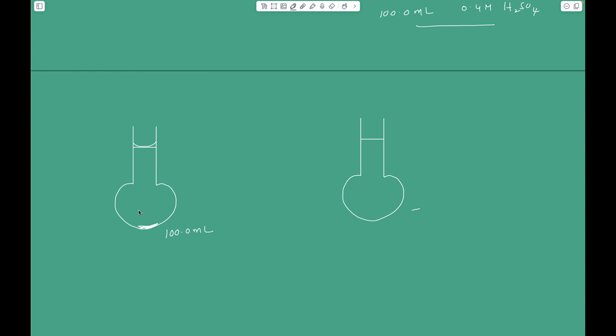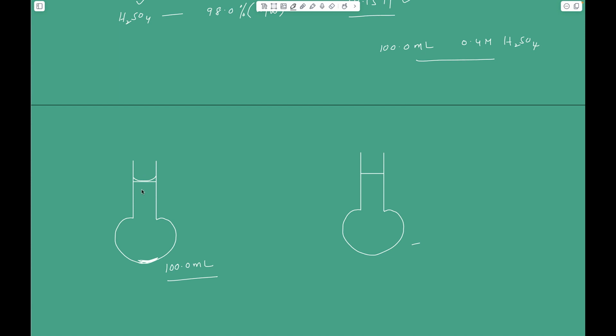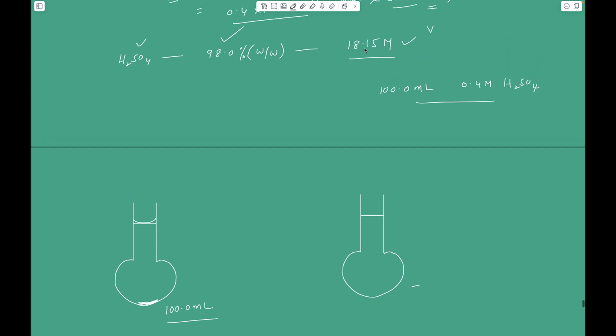Then the volume of the solution is exactly equal to 100 milliliters. This process of adding solvent or water in case of aqueous solution to a stock solution to prepare a solution of lesser concentration is called diluting. So we prepare solutions of lesser concentrations from the stock solutions by diluting them.